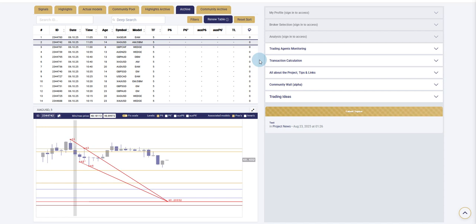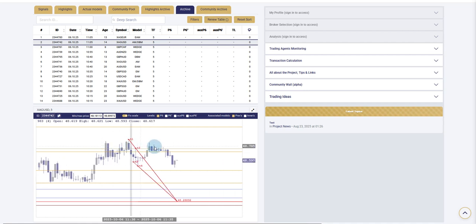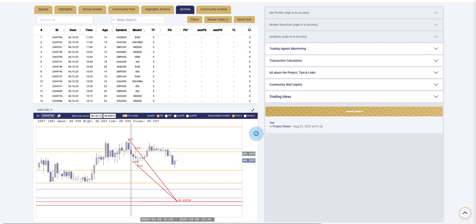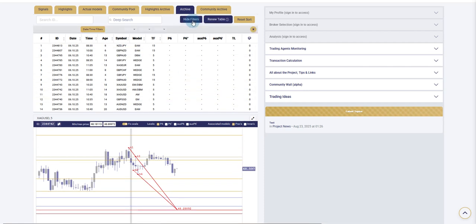Let's talk about basic UMG models. A key feature of all basic models is that all points, starting from touch 1, belong to the same single trend. Let's look at the expansion model, or EM, first.